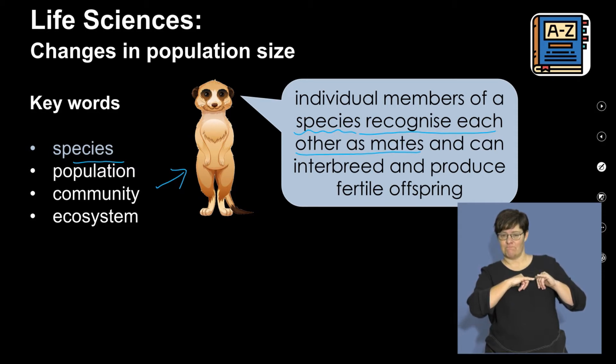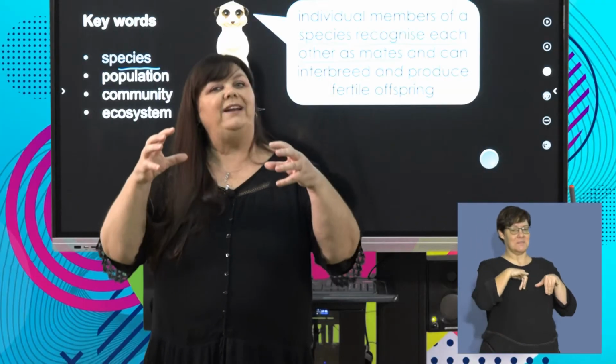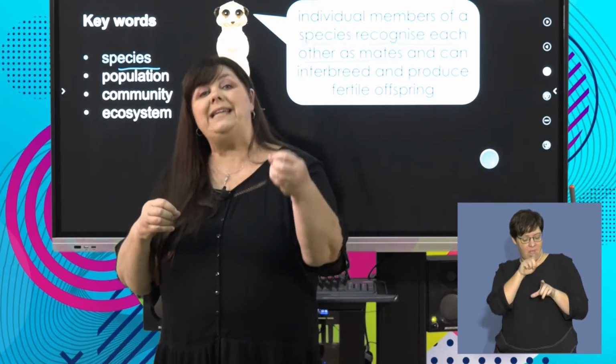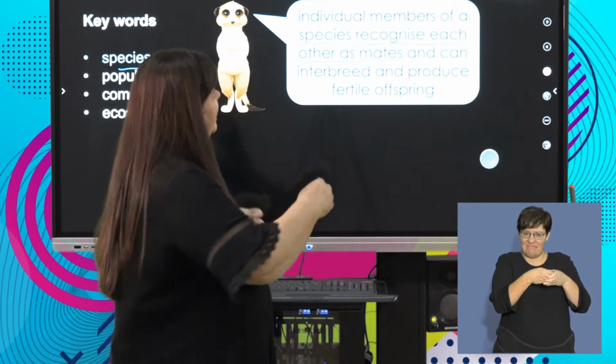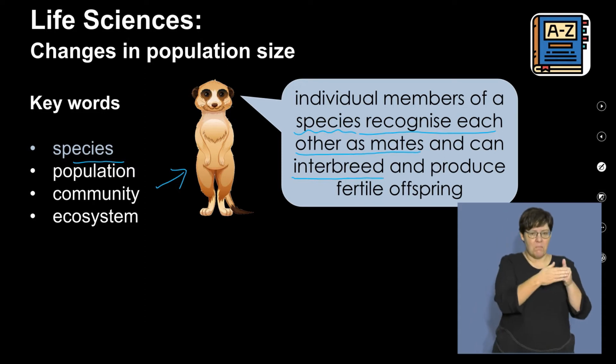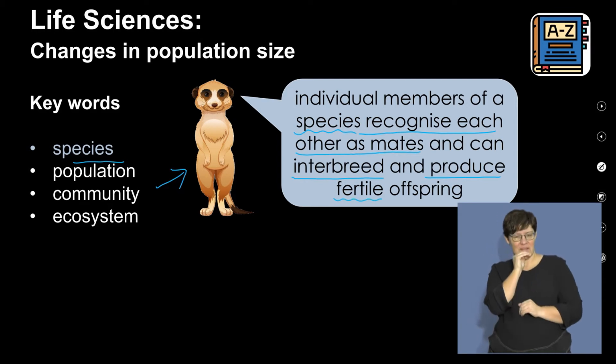One meerkat must be able to look at another meerkat and recognize each other as potential mates. More importantly, once they've mated, they must be able to interbreed and produce fertile offspring.